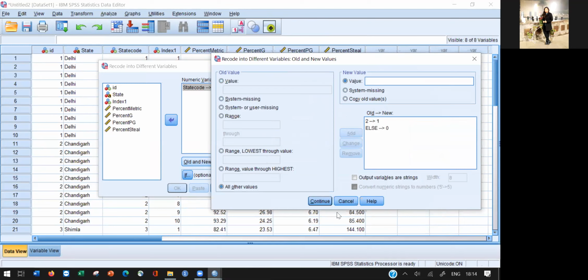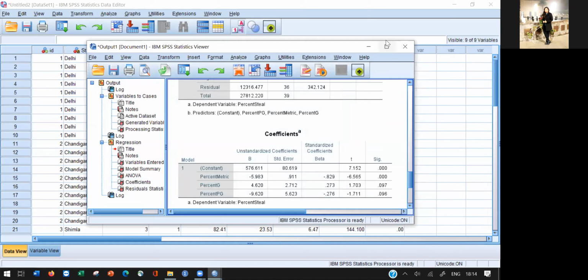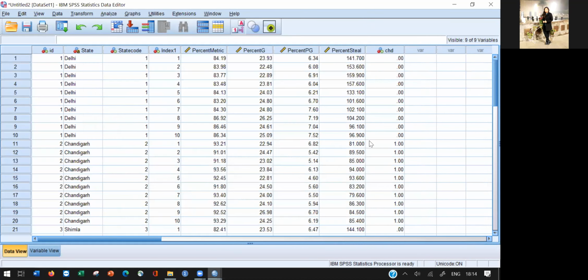Add, continue, change, and OK. So one more category is created where 0 implies absence of Chandigarh and 1 implies presence of Chandigarh.